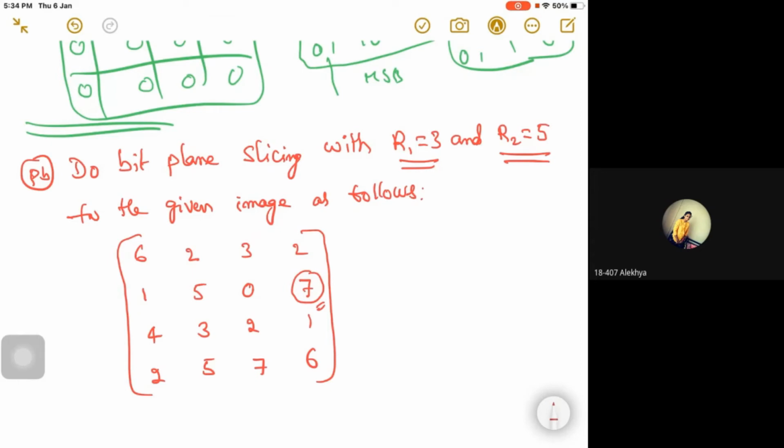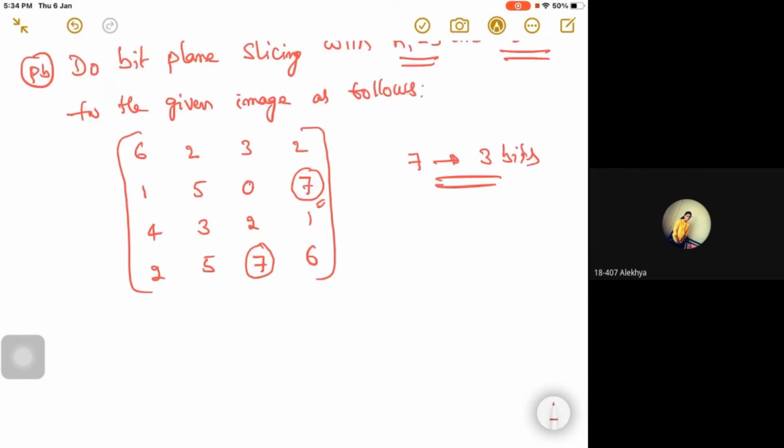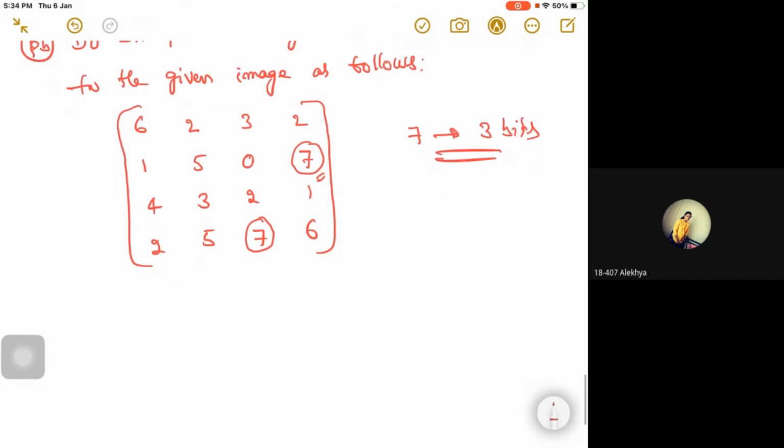So here, what is the maximum value out of all? 7. To represent 7, how many bits? Only 3 bits are enough. So using 3 bits, you have to represent each intensity value in 3 bit binary form. Let us do it very fast.